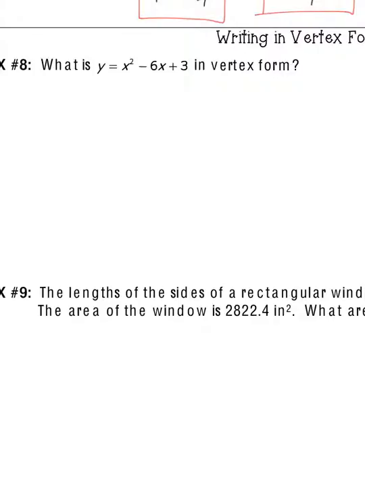So your first step is going to be, we're going to use a is equal to 1. And then our second step is to find the vertex. Okay, so to find the vertex, remember that is the opposite of b, so the x value of the vertex is equal to the opposite of b over 2a.